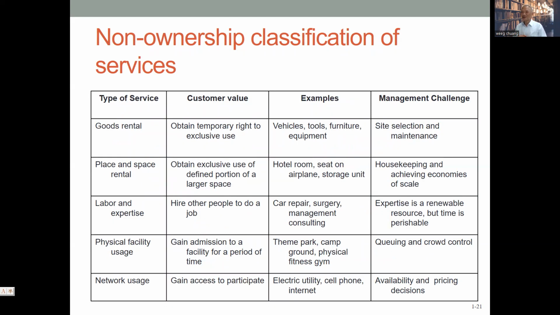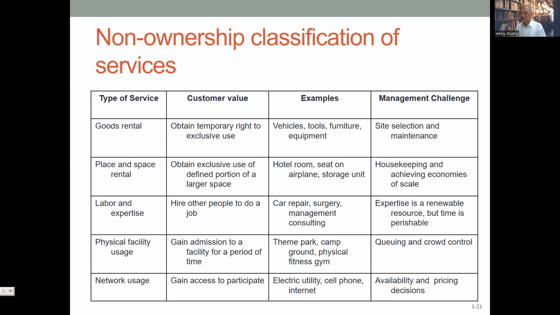And the last feature of service is non-ownership. For this feature, we can classify service into the following kinds. Let's have a look at the summarization of the non-ownership classification of services. For the first one, goods rental. The customer obtains a temporary right to exclusive use of goods, like renting a car.